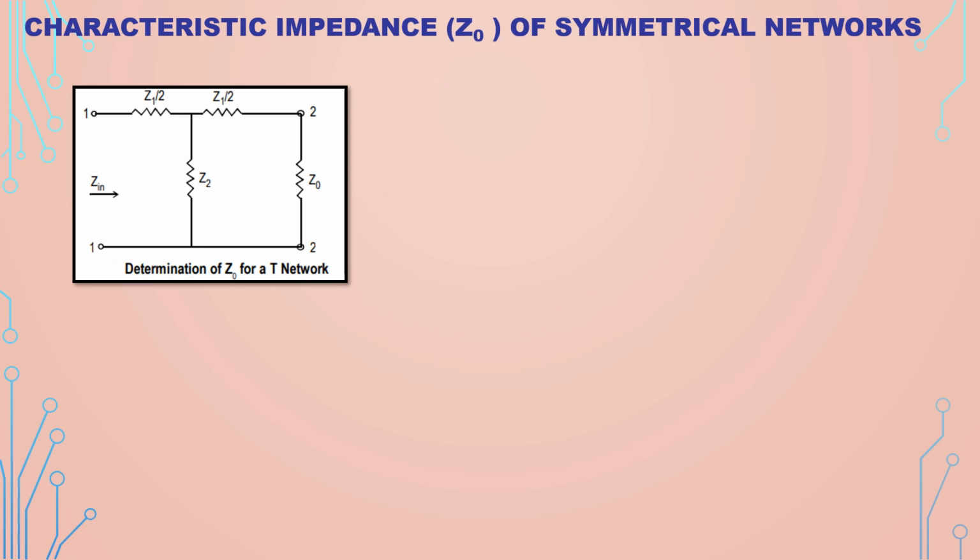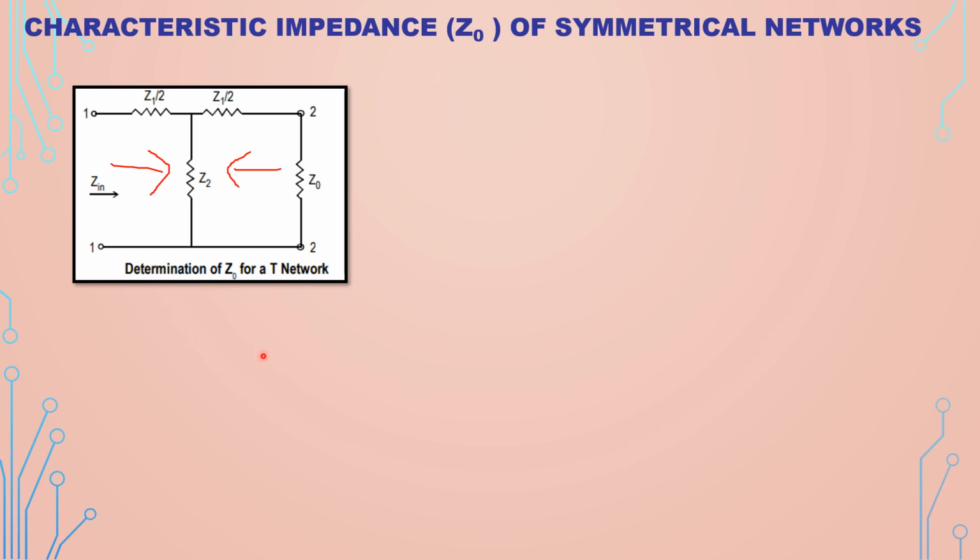If I look from here or from here, the properties of this network remain unaltered. Such a network is called a symmetrical network. So any transmission line can be thought of as made up of a number of small symmetrical sections like this. You can have n number of sections connected in cascade to form a transmission line.